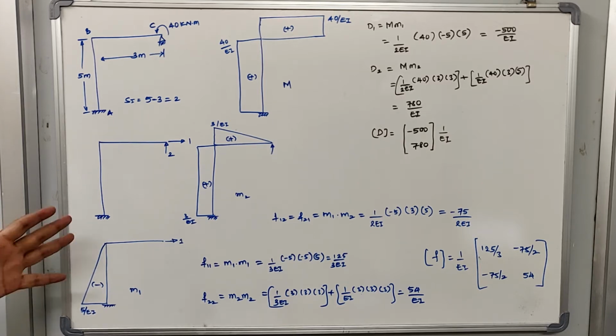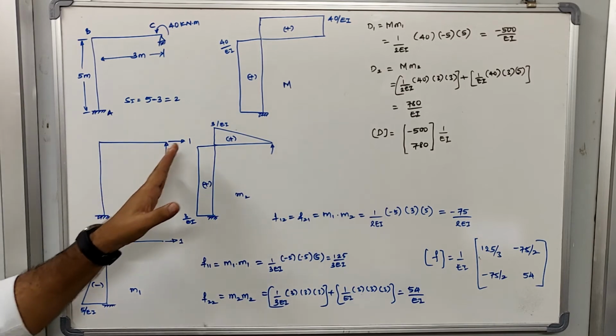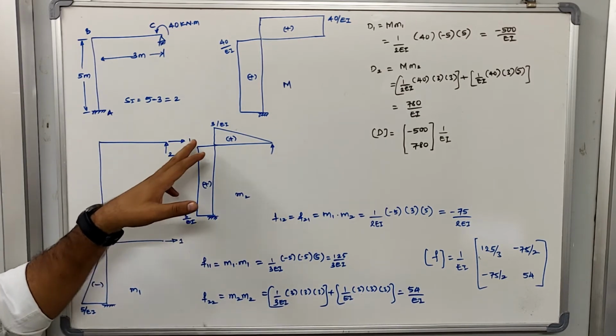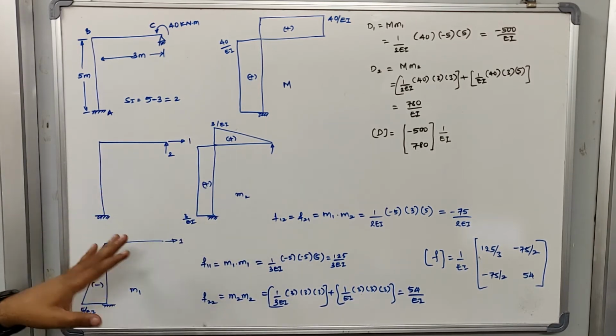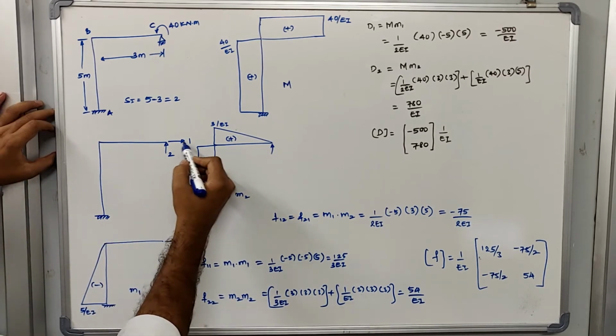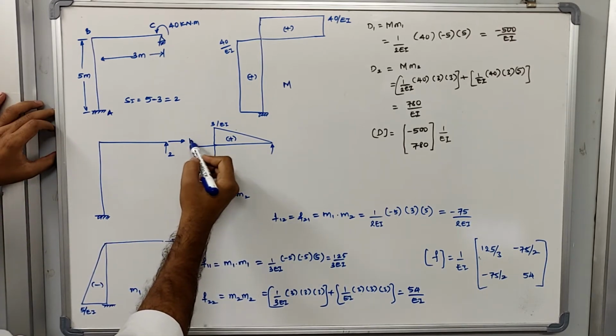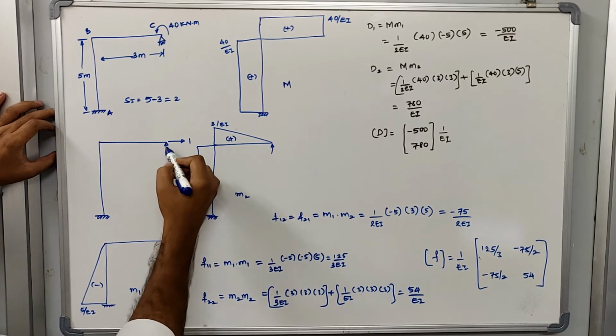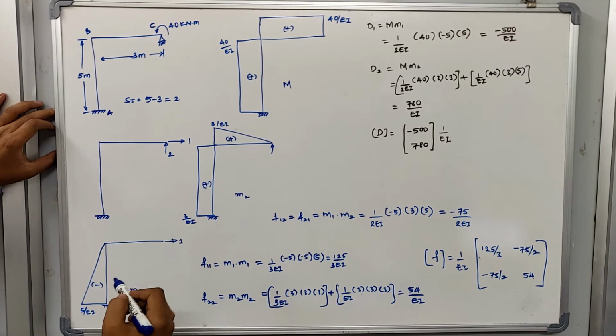Similarly here, we are removing 2 of the reactions, and wherever the reactions are removed, I am marking them with coordinates. There is one force in the horizontal direction, which is my first coordinate, and another force acting in the vertical direction, which is my second coordinate.